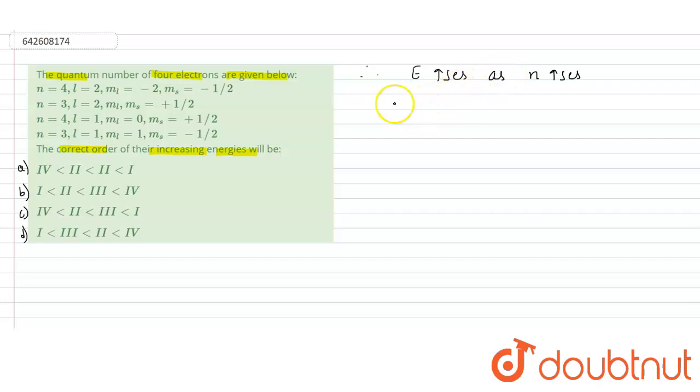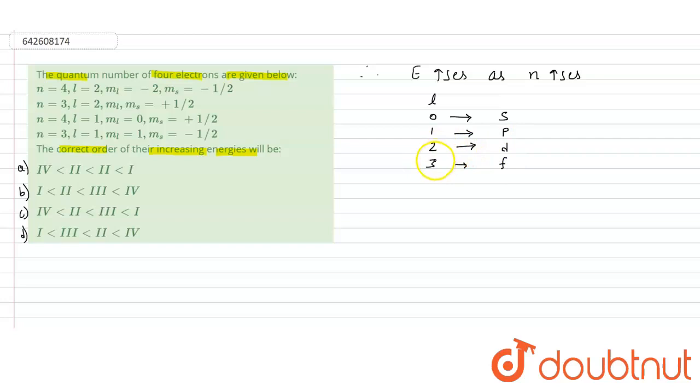And for the value of L, if the value of L is 0, 1, 2, 3, the subshell for 0 is S, for 1 it is P, for 2 it is D, and for 3 it is F.